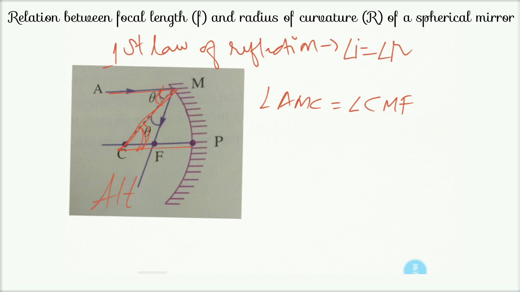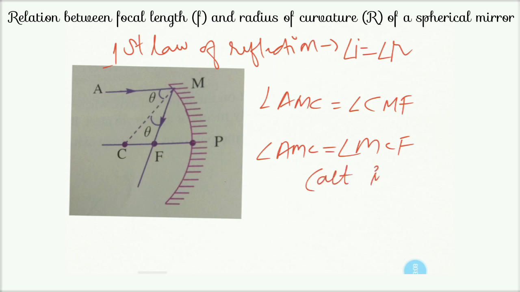Because they are alternate interior angles. So let me write it in this step: angle AMC is equal to angle MCF, due to alternate interior angles.